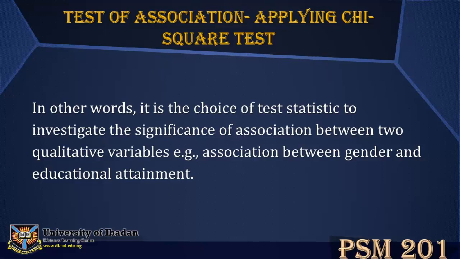It is one of the non-parametric tests because it requires no assumption about the shape of the population distribution from which a sample is drawn. It can be applied to nominal or ordinal measured variables and is commonly applied to frequency and count data.